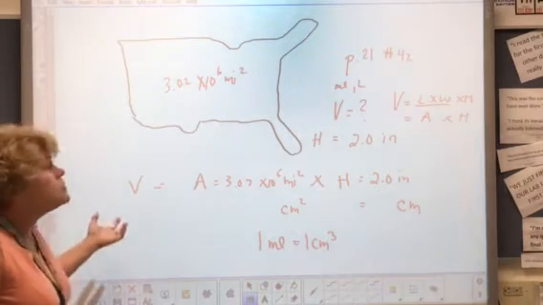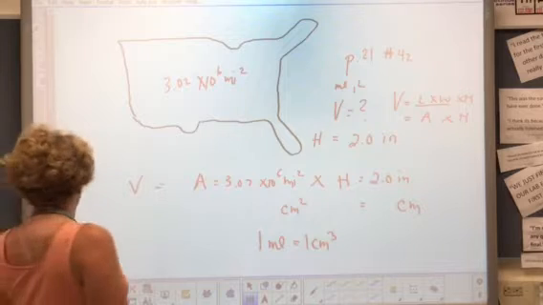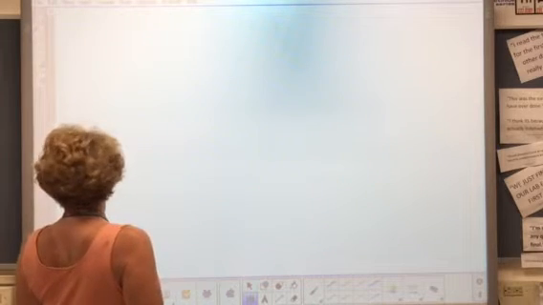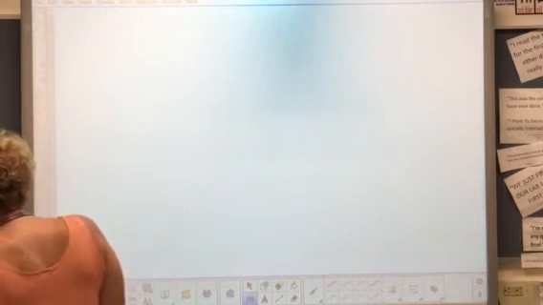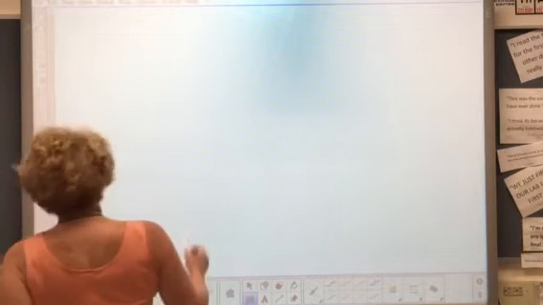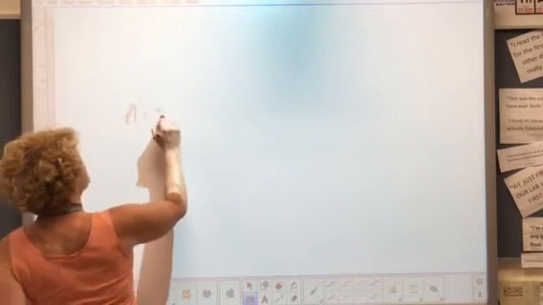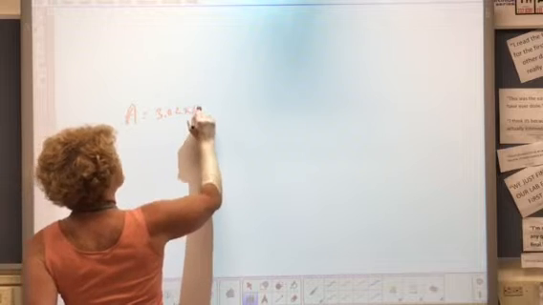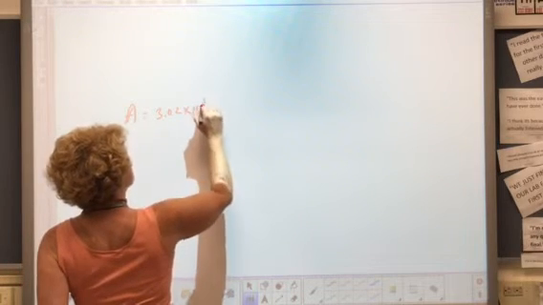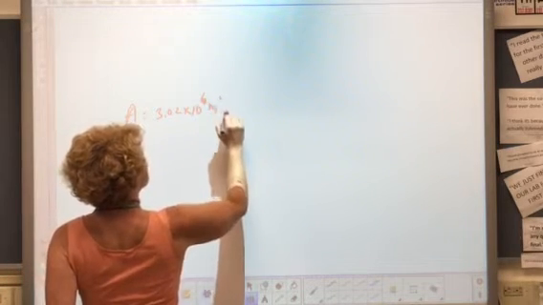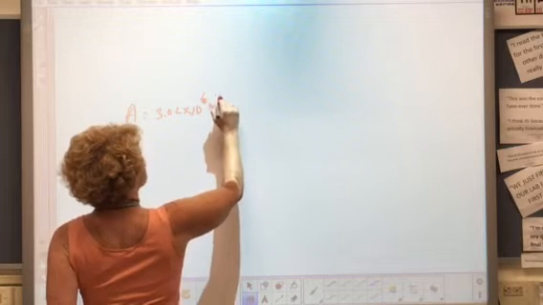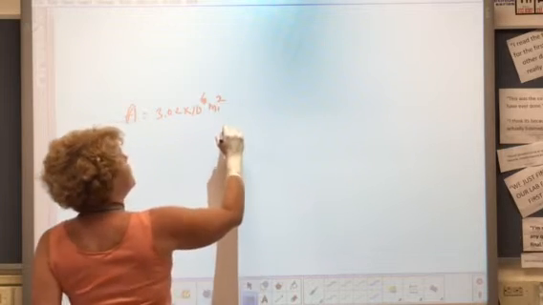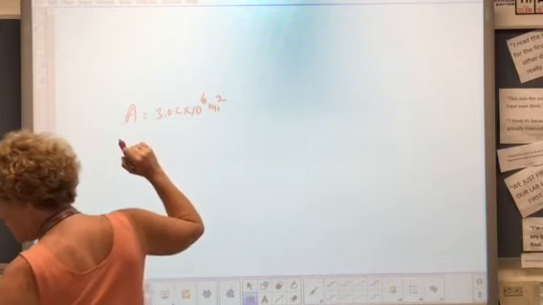Okay, so let's go through and solve the problem now. So we're going to take my area, which equals 3.02 times 10 to the 6 miles squared. And what we have to do is change this unit.